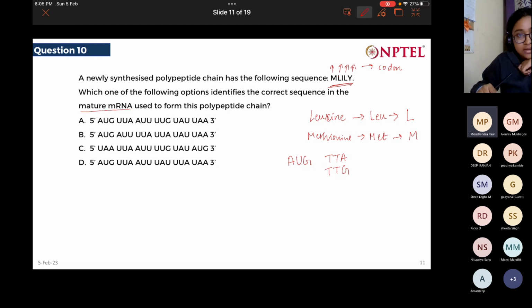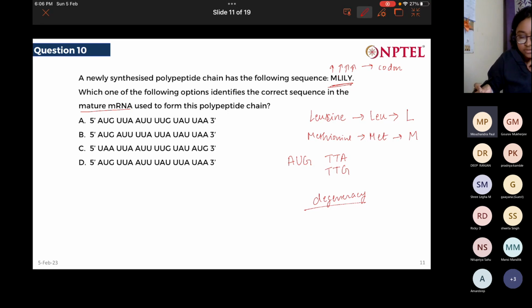Like TTA cannot code for serine; it only codes for leucine, but leucine can be represented with two codons. This behavior is called degeneracy, a characteristic of the genetic code. So this is for leucine.